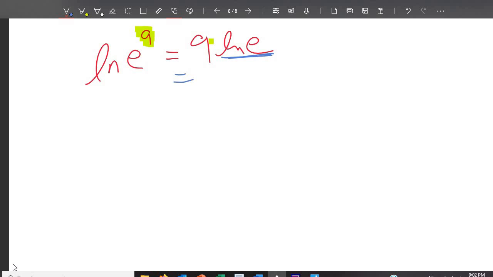If I had, let's say, ln of e to the 9th, according to the power rule, I can take that 9, put it in front of the ln e. Now guess what? This is that special property again. ln e is always 1, so this is really 9 times 1, which is 9. So the power rule helps us simplify things.